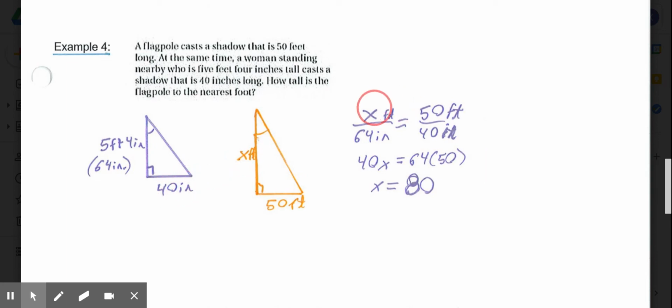So on top, I have flag height, flag shadow. On bottom, woman height, woman shadow. So now we're going to cross multiply and divide. So in this case, 64 times 50 divided by 40 gives us a value of x being 80. So that tells me that my flagpole was 80 feet tall.